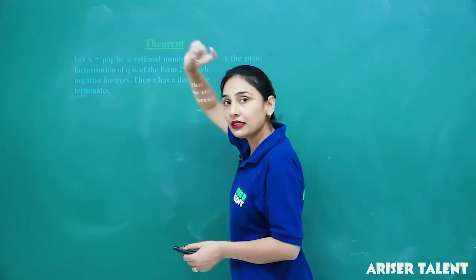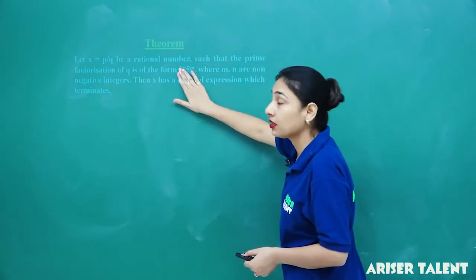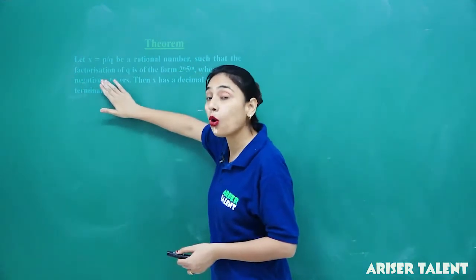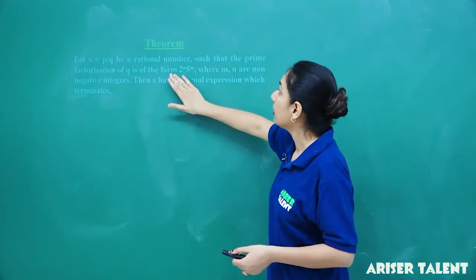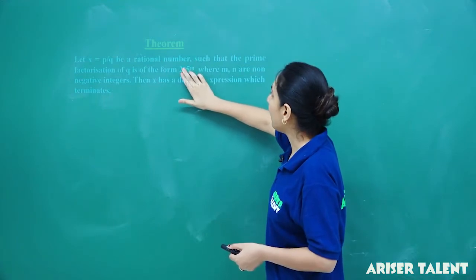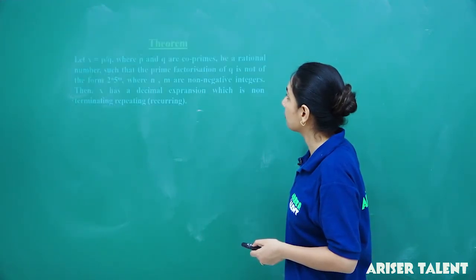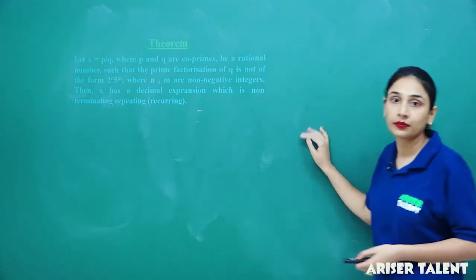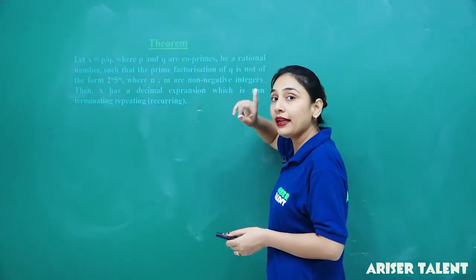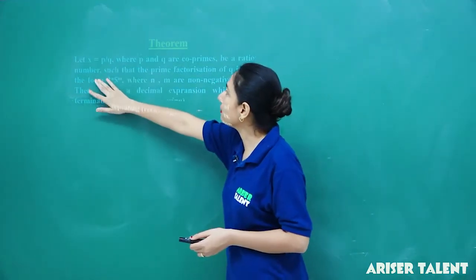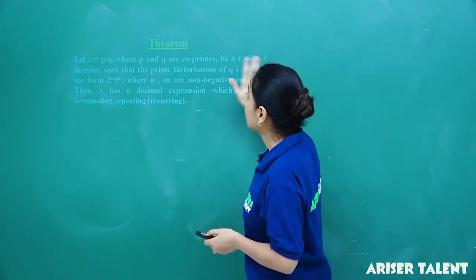Let x equal 1 by 7. What I have taught you here with 1 by 7 is nothing but: let x equal P by Q, where P and Q are co-primes, be a rational number.